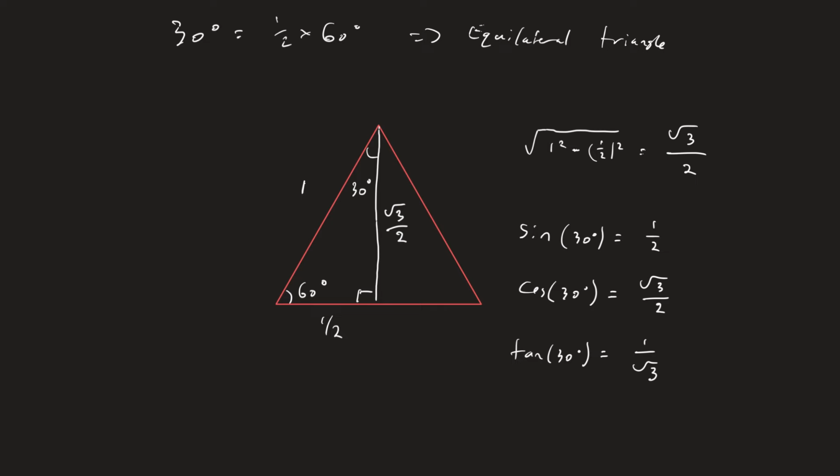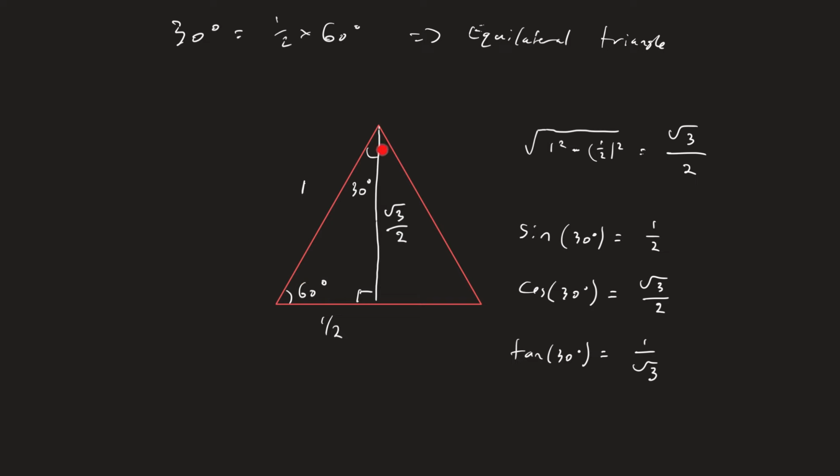For 30 degrees and 60 degrees, we use an equilateral triangle. An equilateral triangle, by definition, has sides of all the same length. Therefore, the angles are the same in an equilateral triangle, and since angles sum to 180 degrees, that means each angle is 60 degrees.